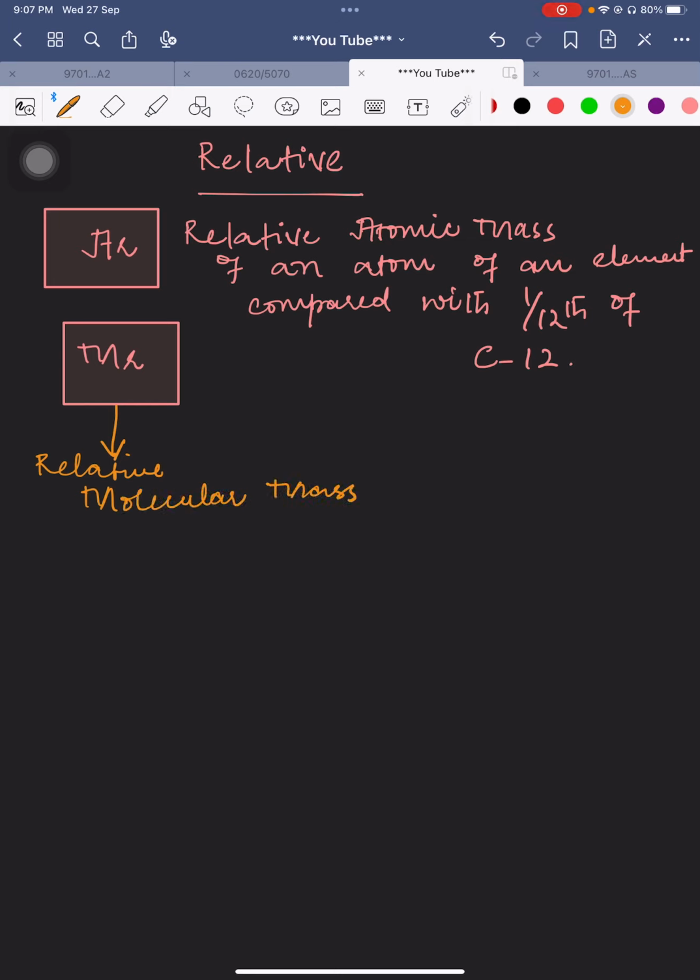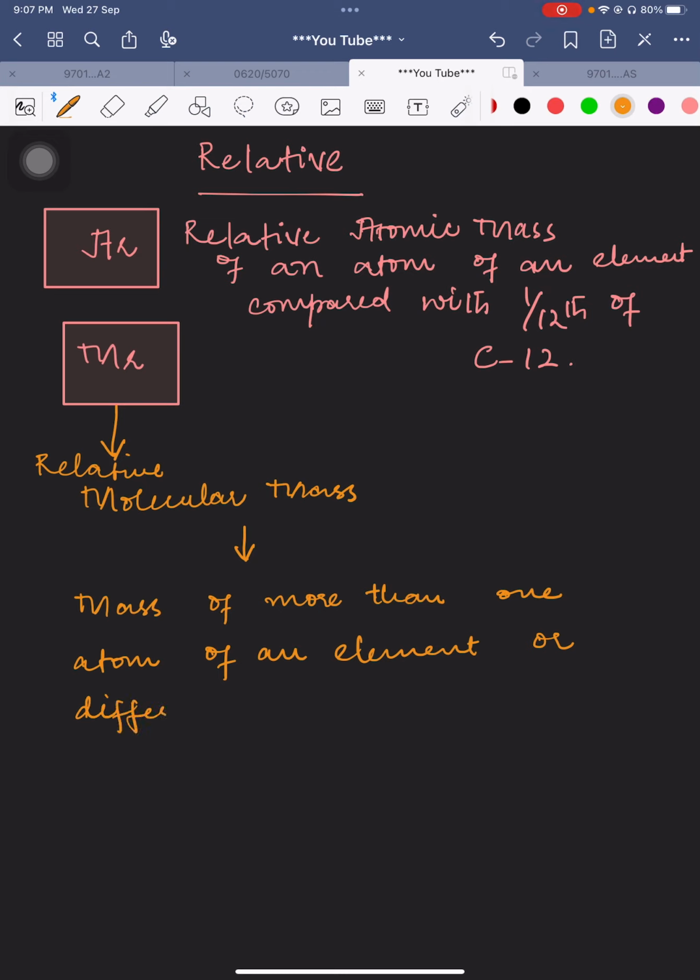It is the mass of more than one atom of an element or different elements compared with 1/12 of carbon 12.